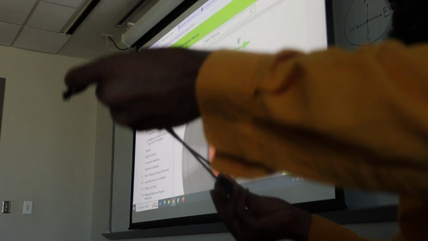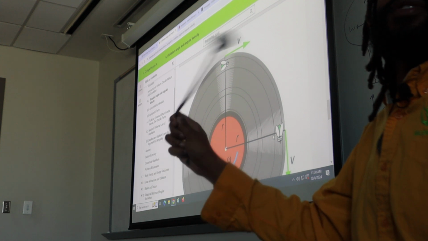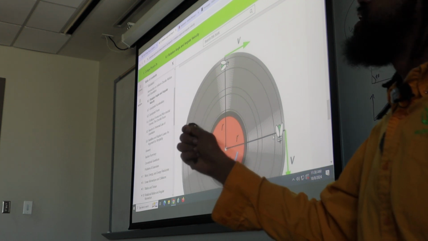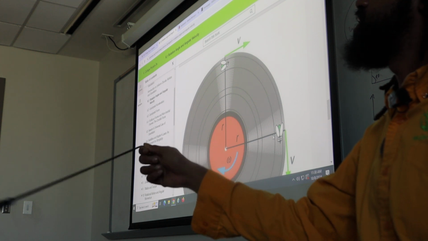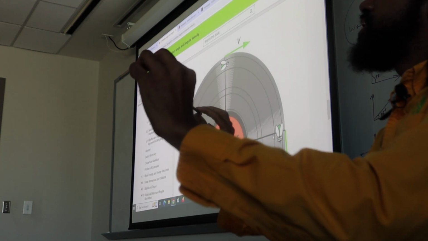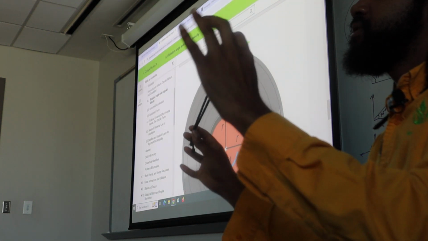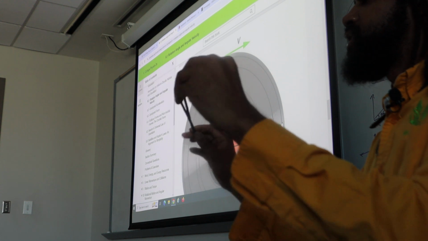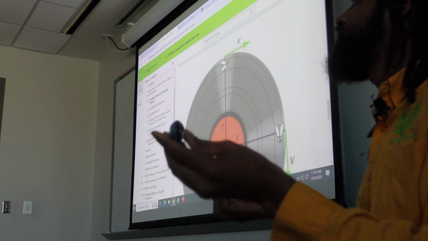So I brought this in to mimic swinging. So we have uniform circular motion here, you know. So one thing going on, you have like tension, pulling, and then we start learning about centripetal acceleration.